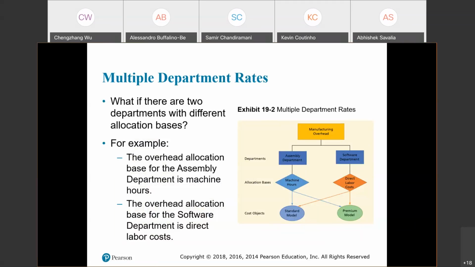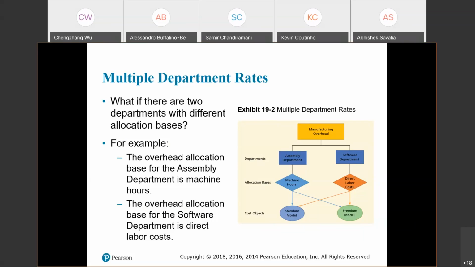A modification of the overhead allocation method using a single plant-wide rate is using multiple predetermined overhead allocation rates. This way has more than one allocation base, and in this example, it has two allocation bases.